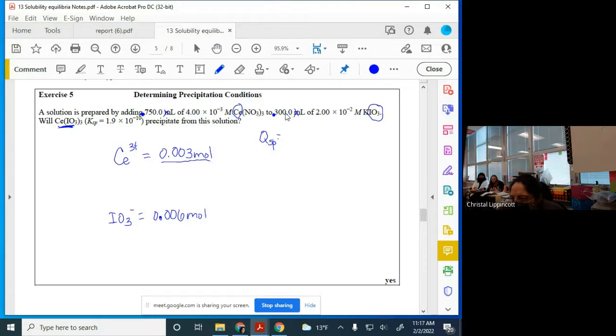In order to find out my molarity, I have to find out my combined amount of volume here. So I need to add 750 and 300, which ends up being 1.05 liters. Good. That's going to give me the molarity of each of these things, which I can then sub in to this formula.